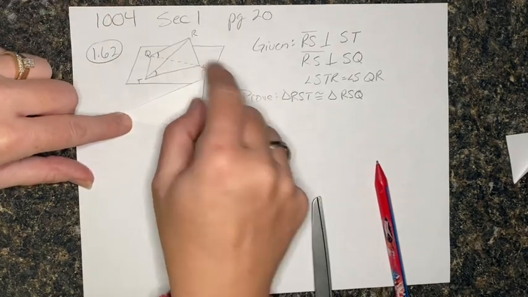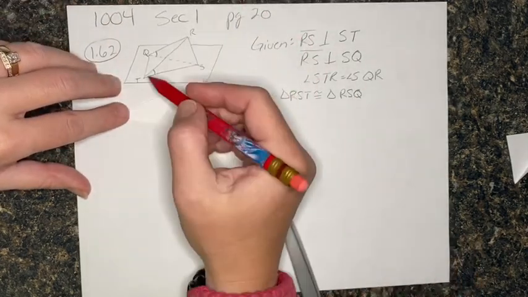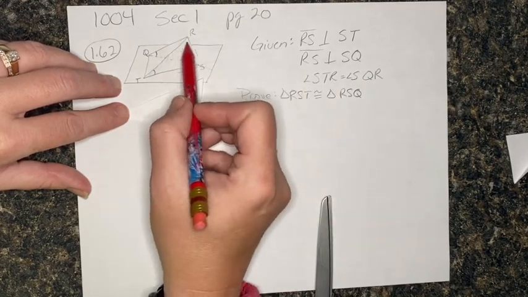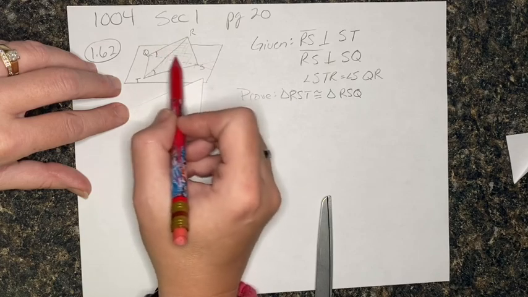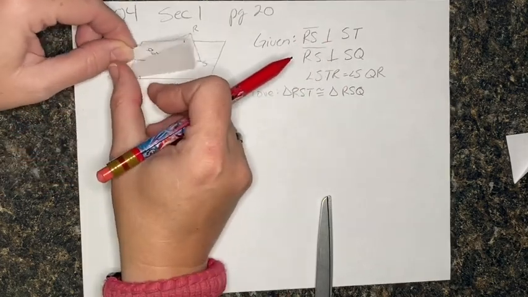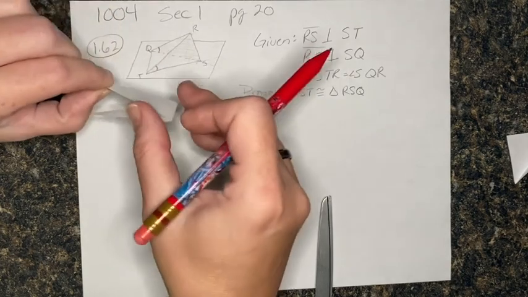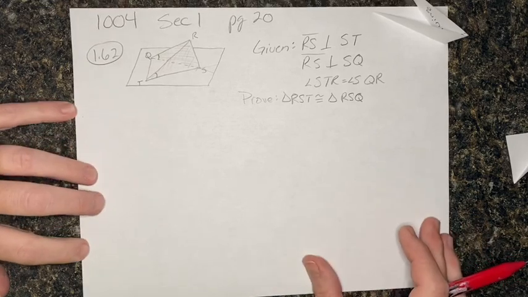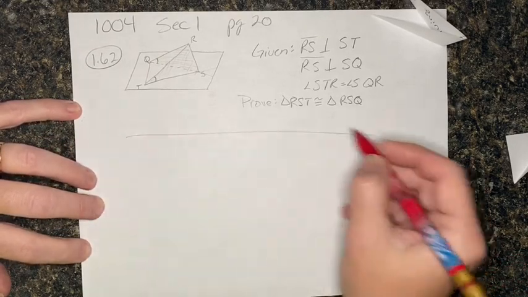They share this side RS. So we're dealing with this triangle out here and this triangle back here. Those are the two triangles that we're dealing with. It's just kind of one is tucked behind the other. All right, that's a little bit better of a drawing or a cutout. Anyway, so let's start our proof.